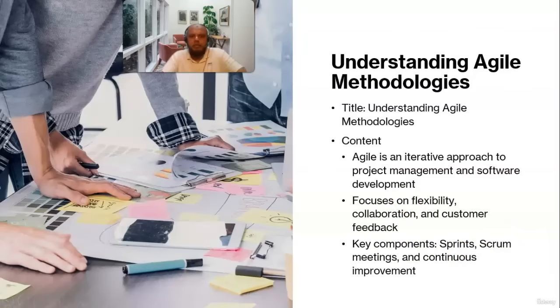The key components include sprints, Scrum meetings, and a focus on continuous improvement. Agile is designed to respond to change quickly and efficiently, making it an ideal framework for integrating AI tools like ChatGPT.